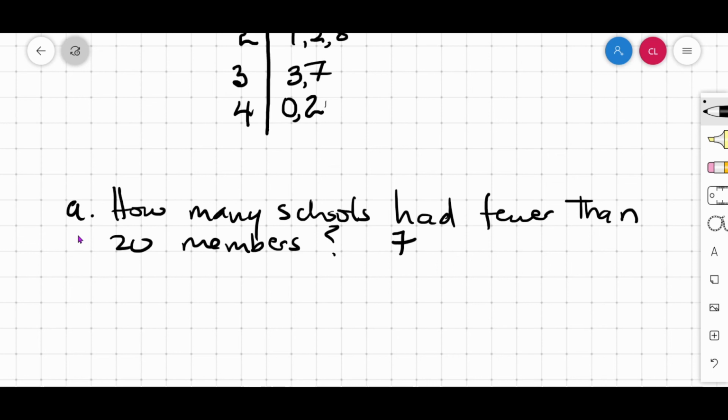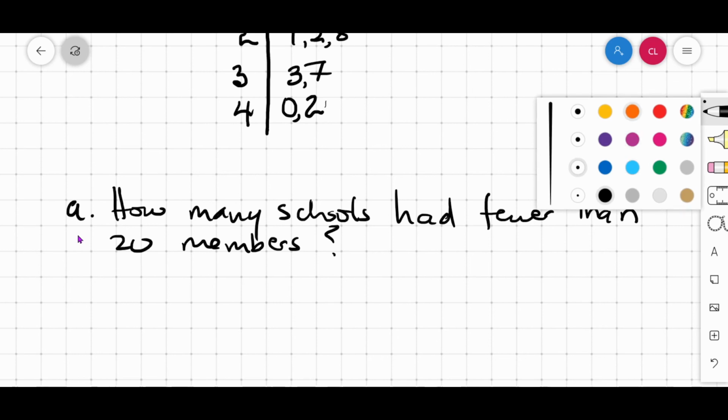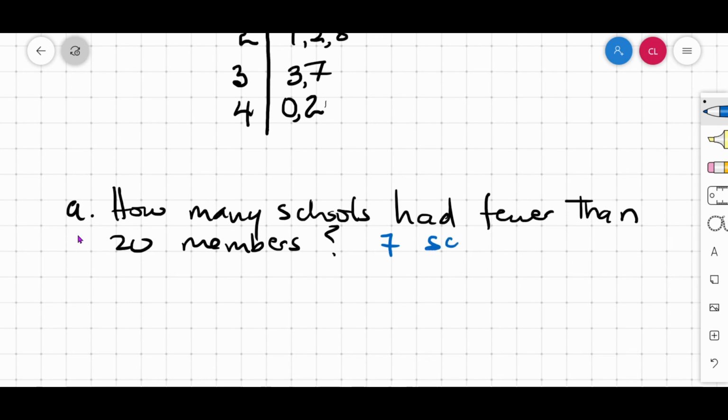So 7. All right, let's change color and let's go with a nice blue. So 7 schools had fewer than 20 members.